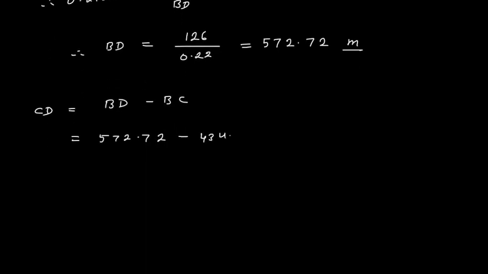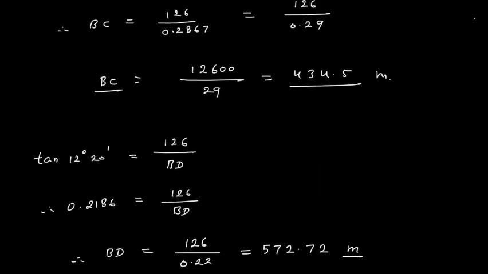After the decimal, it is 2, then 7 minus 5 is 2, then 12 minus 4 is 8, then 6 minus 3 is 3, then 5 minus 4 is 1. So the value of CD is 138.22 meter.